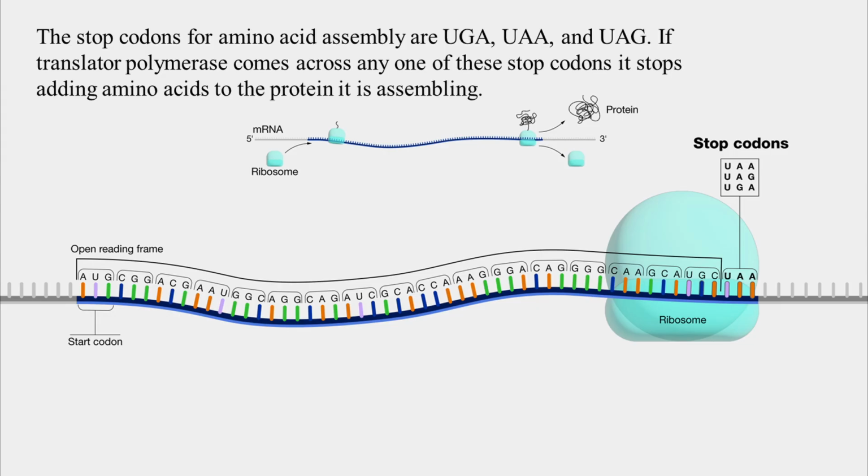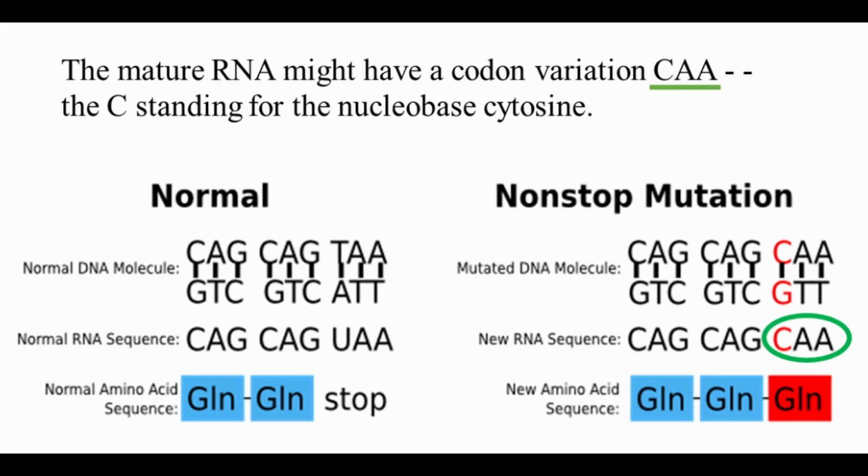The stop codons for amino acid assembly are UGA, UAA, and UAG. If the translating polymerase comes across any one of these stop codons, it stops adding amino acids to the protein it is assembling. The mature RNA might have a codon variation CAA, the C standing for the nucleobase cytosine.